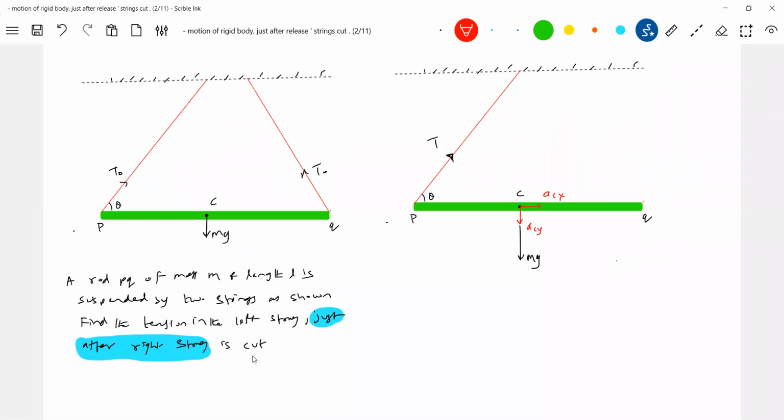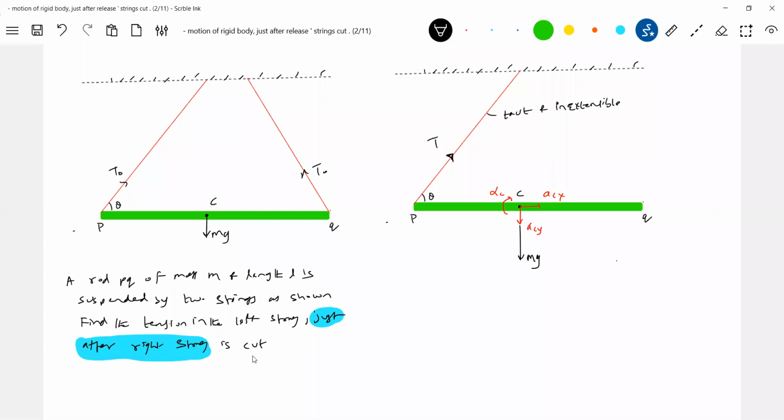And about what point will the rod rotate? The rod will rotate about center of mass only, and this is alpha c. Not about point P. Any reason for that? The string will be taut and inextensible.